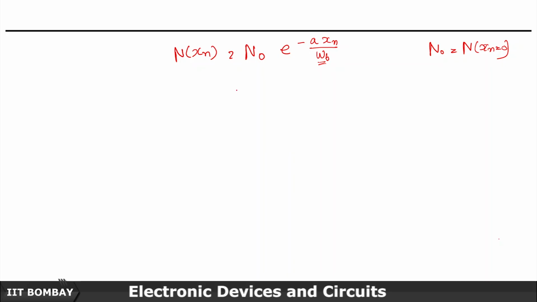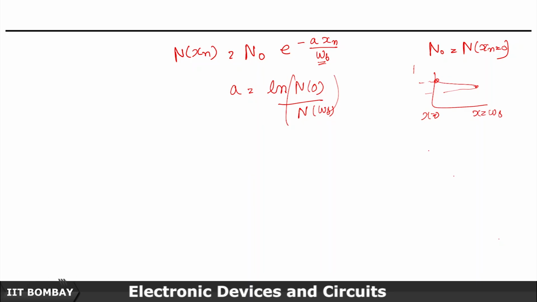Now, a is equal to log n(0) divided by log n(W_B), so the log of the concentration at x equal to 0 and at x equal to W_B, just a ratio of those.